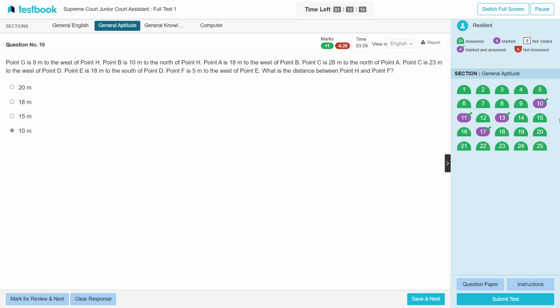Point F is 5 meters from point D, points H and F are 20 meters apart.